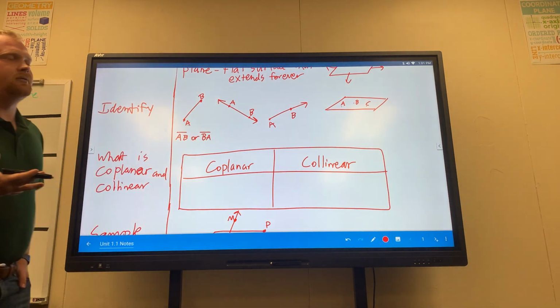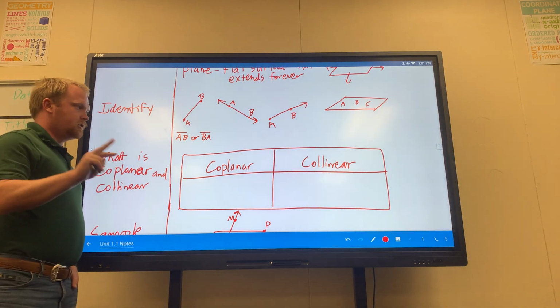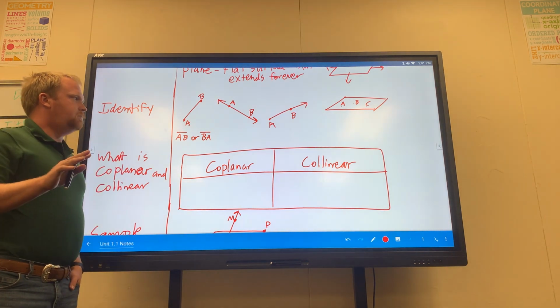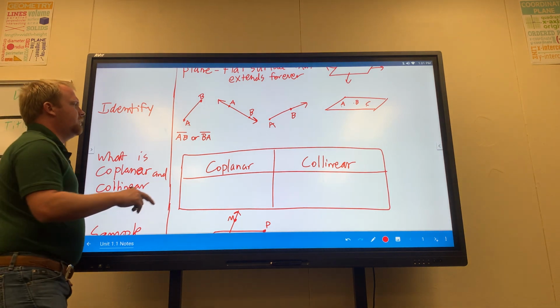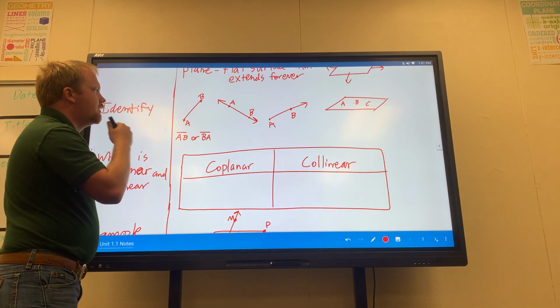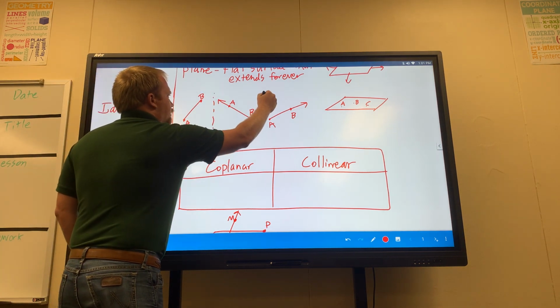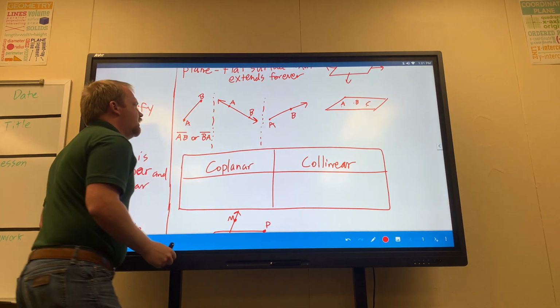That could be the same thing. So it could be either or. But typically, more often than not, people do it alphabetically in order. Okay? I'm just going to draw dashes so that we separate it.